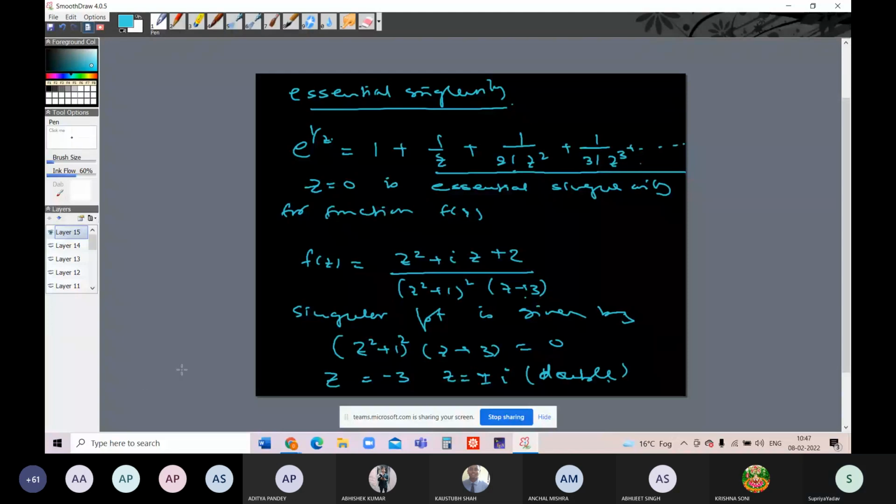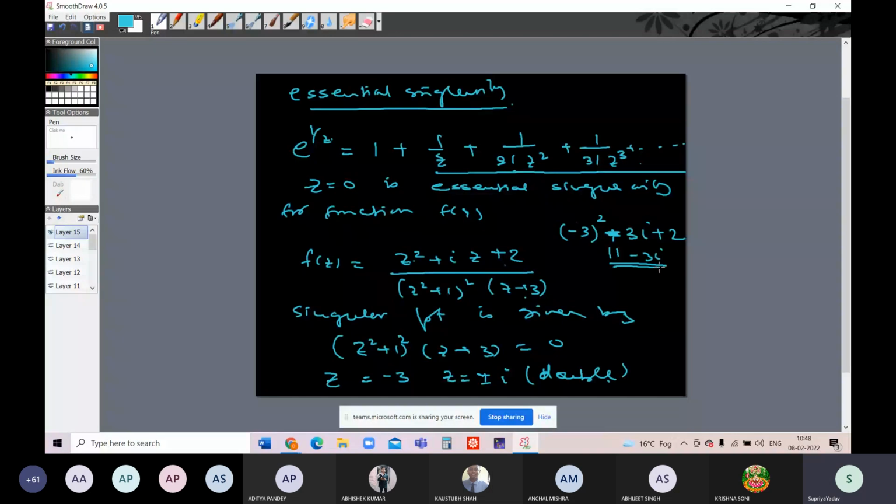At z = -3, the numerator will be (-3)^2 - 3i + 2, which is 9 + 2 = 11 - 3i. It is a non-zero value.